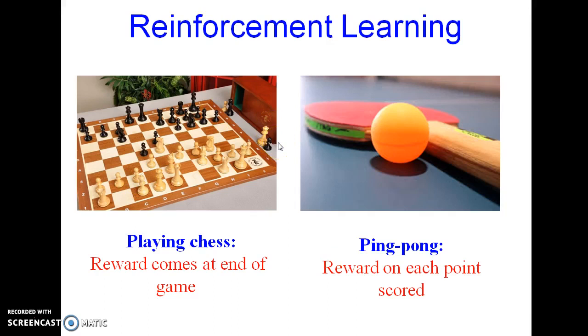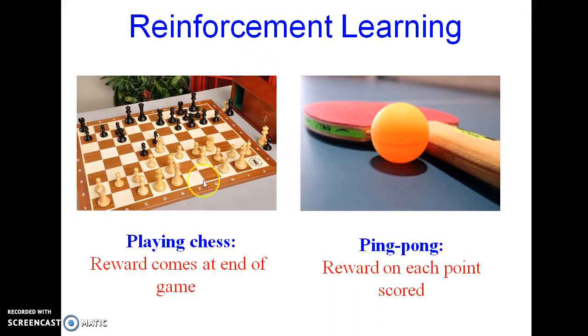Now comes reinforcement learning, which allows machines and software agents to automatically determine the ideal behavior within a specific context in order to maximize performance. Simple reward feedback is required for the agent to learn its behavior, which is known as the reinforcement signal.